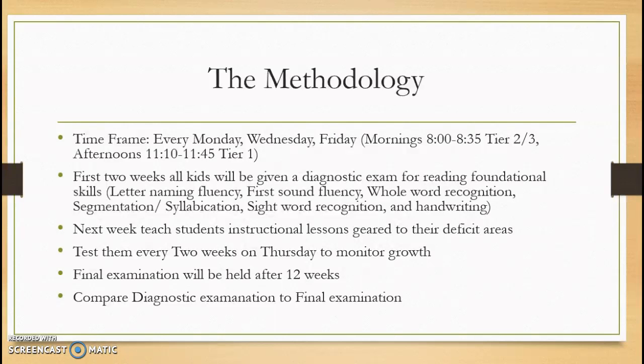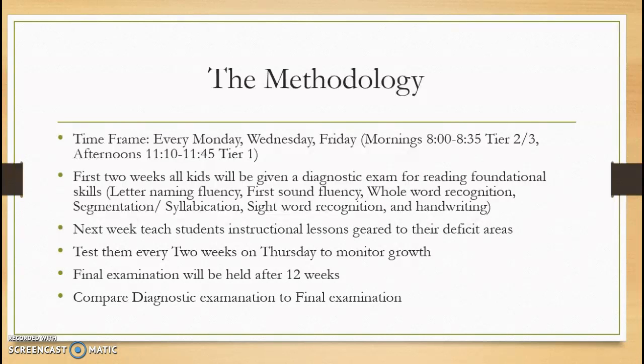The first 2 weeks, all children will be given a diagnostic exam for reading foundational skills, letter naming fluency, first sound fluency, whole word recognition, segmentation, syllabication, and sight word recognition, and also handwriting.